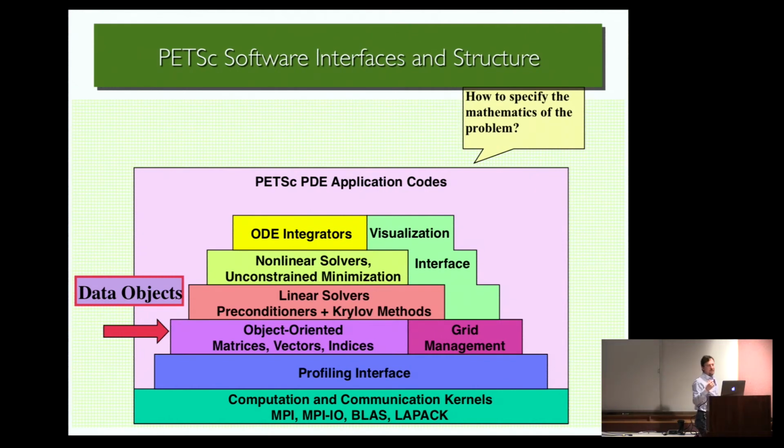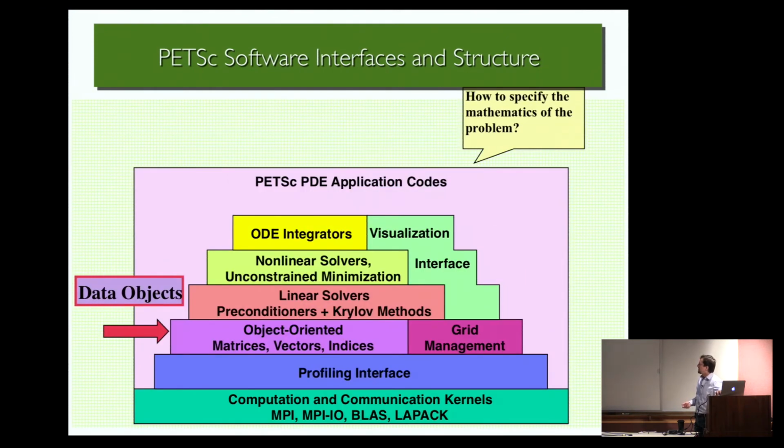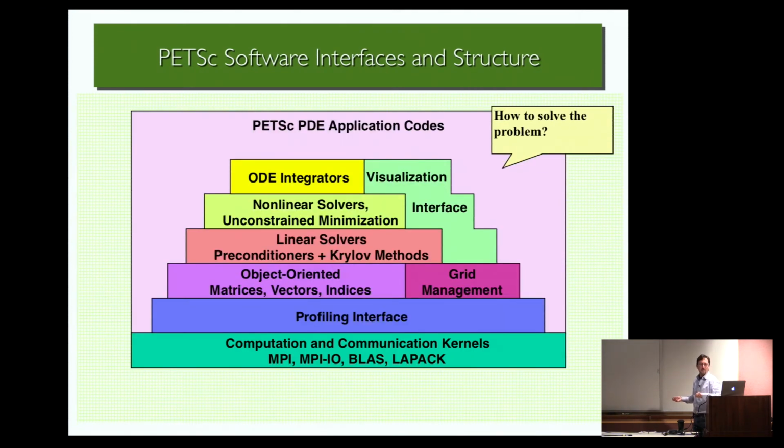They do have a library API flavor of PETSc, which allows you to describe more to PETSc what your data objects are. But for the really turnkey, framework aspects of PETSc, it's a much lower hanging fruit to adopt their data objects. And then the next question when you're designing these things is, after I decide what the relevant mathematics are for my problem, I need to ask, well, how do I solve that problem?